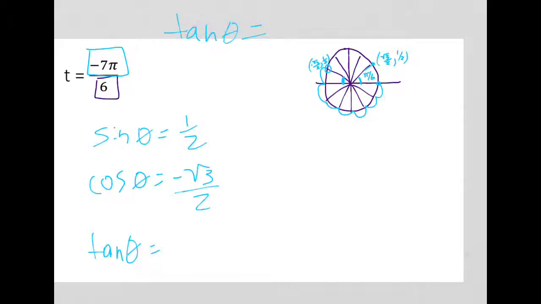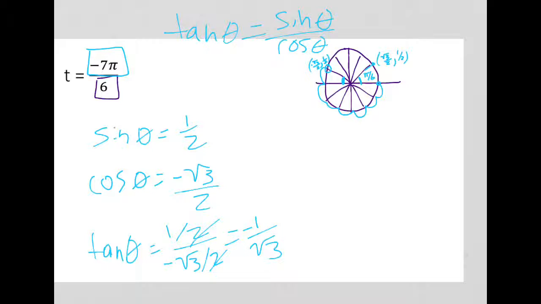Remember, tangent of theta equals sine of theta over cosine of theta. So sine is 1/2, cosine is negative root 3 over 2. Simplify that, cross off those 2's, we get 1 over root 3, and it's negative. But we need to rationalize that. So multiply by root 3 over root 3, and you get negative root 3 over 3 for tangent.